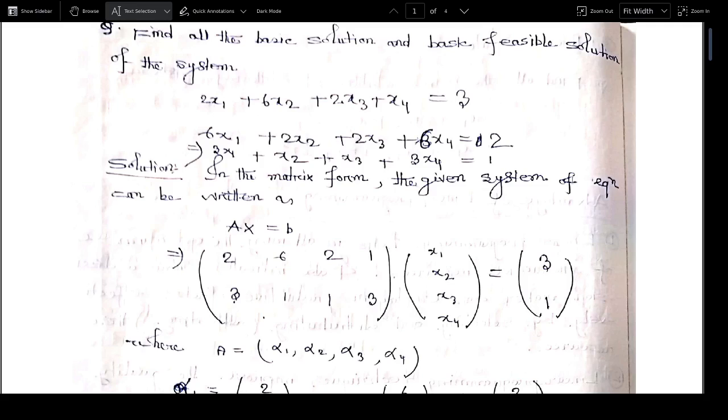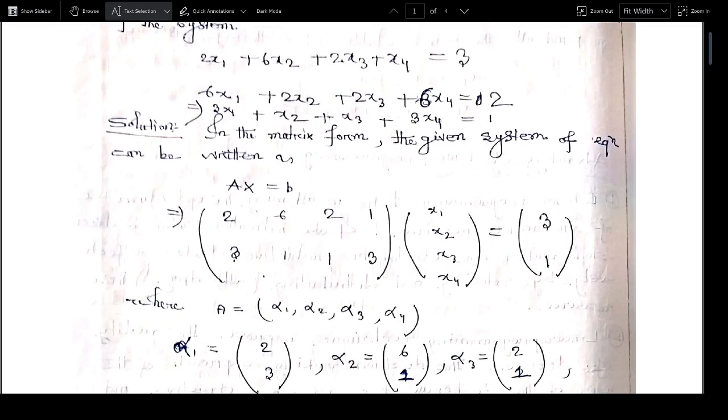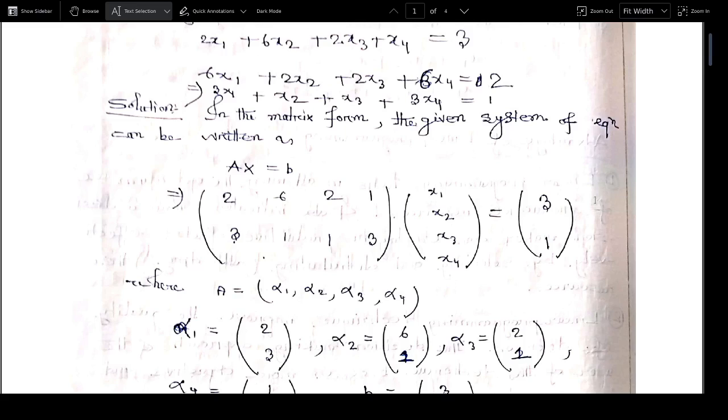So here the number of equations is 2 and the number of variables is 4: x1, x2, x3, x4. So we can find the basic solution. The formula: if it is an m by n matrix, then the number of basic solutions is nCm. So here it is 4C2.